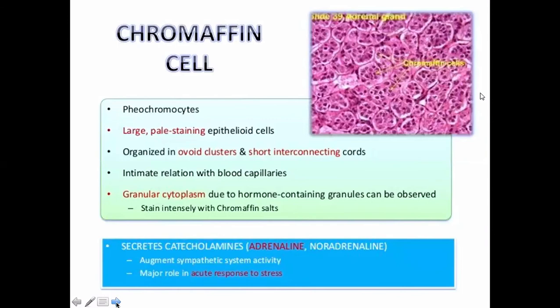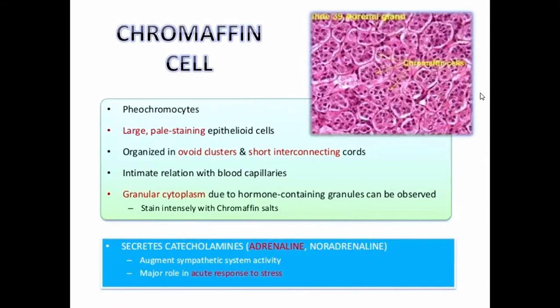Okay. So the chromaffin cells are also known as pheochromocytes. They have large pale staining epithelioid cells organized in ovoid clusters and short interconnecting cords, with an intimate relation with blood capillaries. And the cytoplasm is granular.